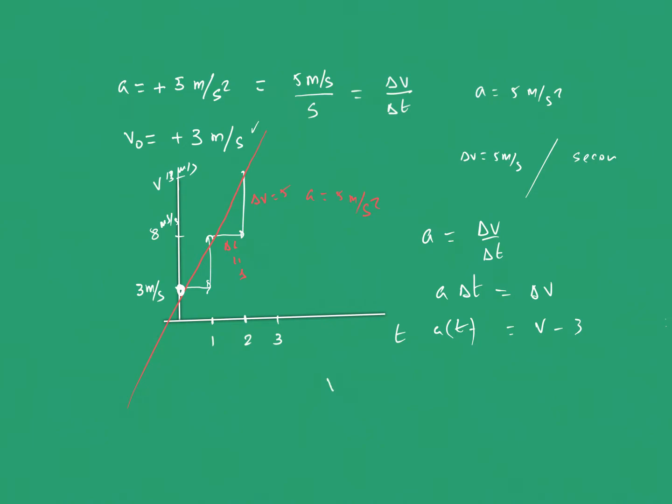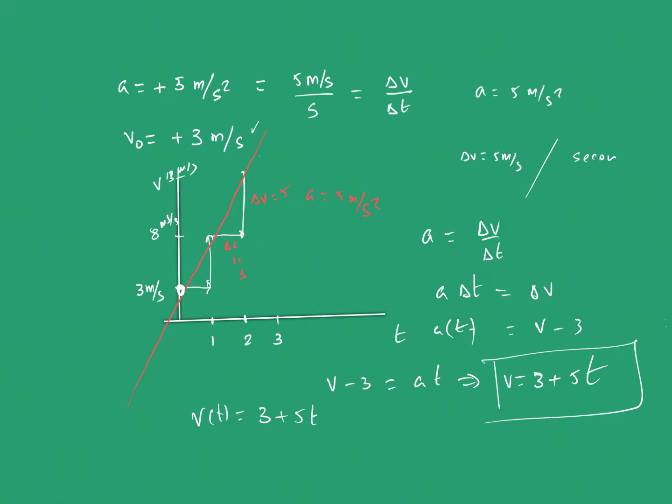So v minus 3 is equal a times t. So this means that v is equal 3 plus a times t, but a is 5, the acceleration, times t. So the graph of this function, v of t equal 3 plus 5t, is this equation.